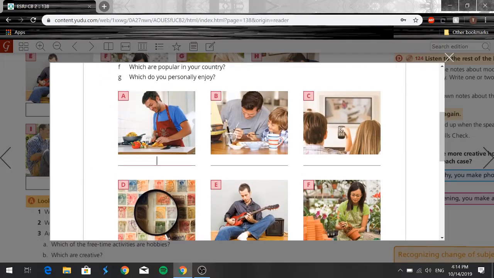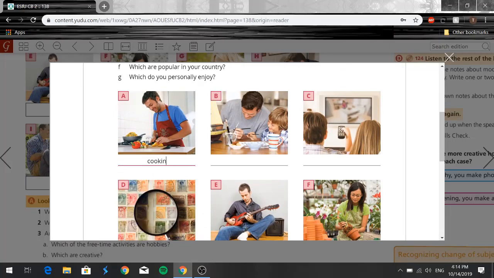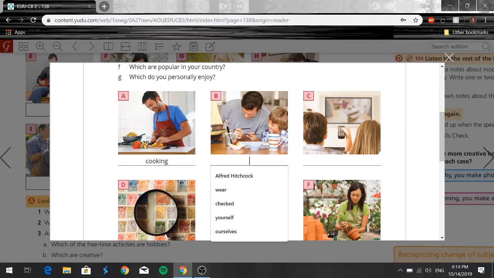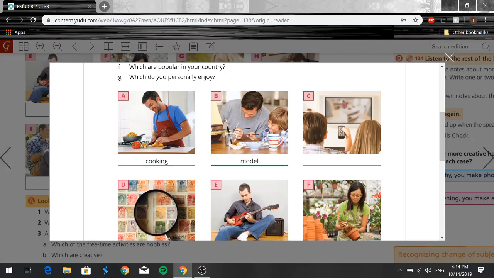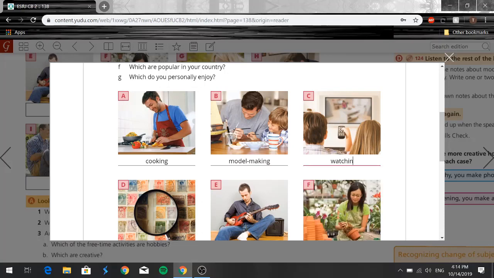Alright, so A, we'll say cooking. It's pretty simple. B, this is actually called model making. C is obviously watching TV.